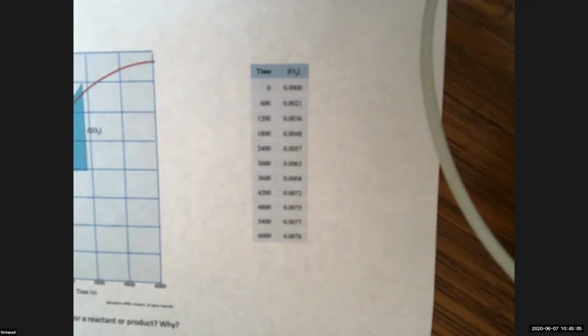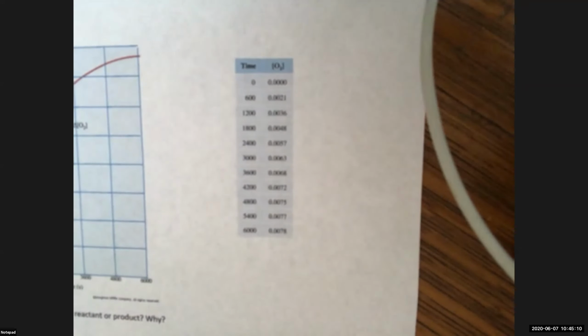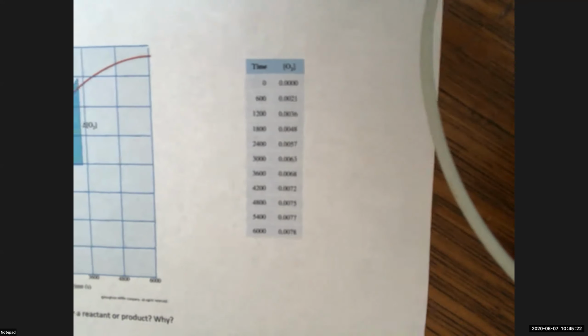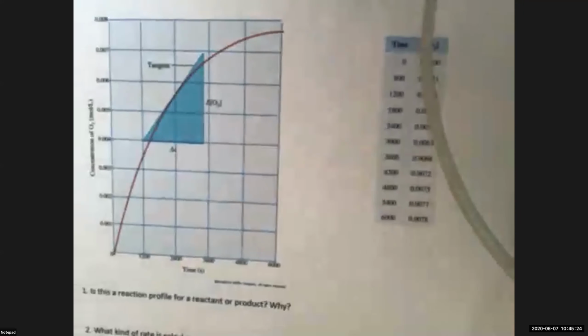So let's go over this worksheet briefly. I hope you have this worksheet in front of you so you can see it. On the right-hand side is a tabular list of the data, time data and concentration data. On the left-hand side is a graph of that data.